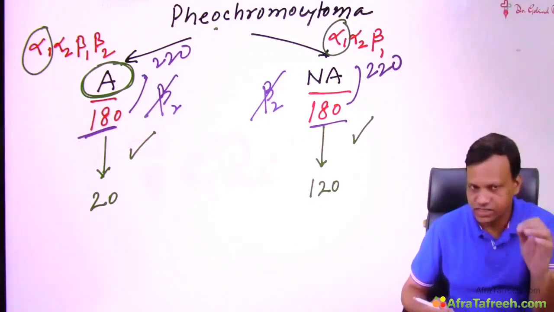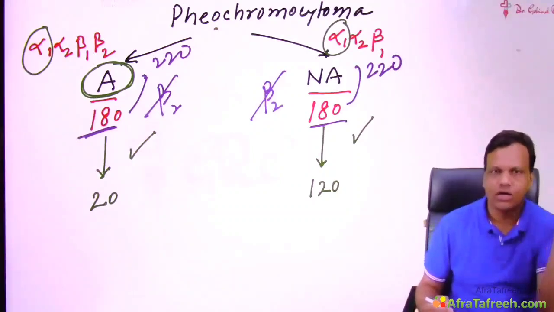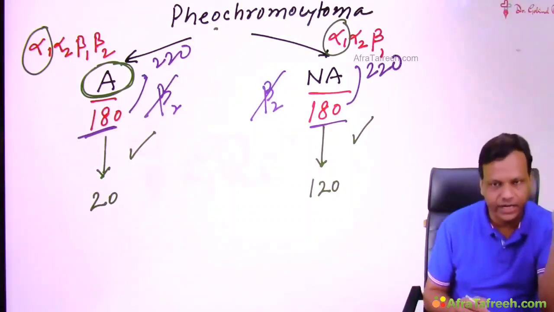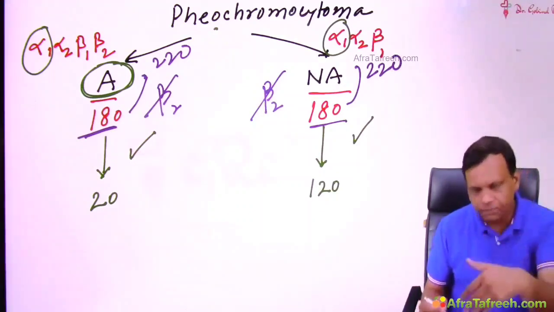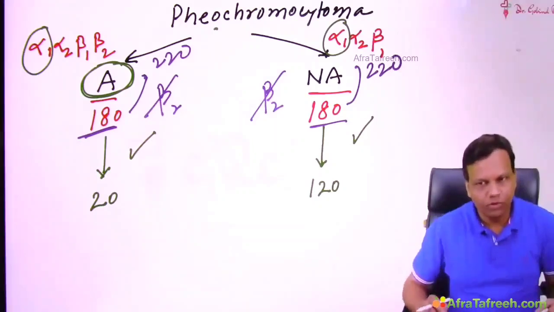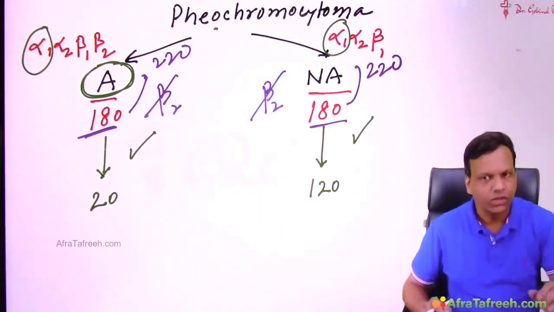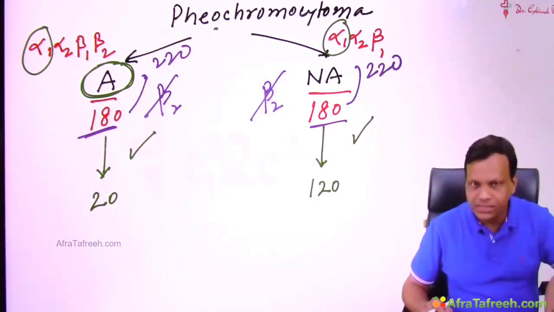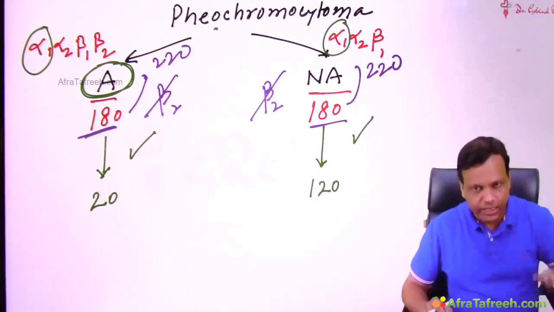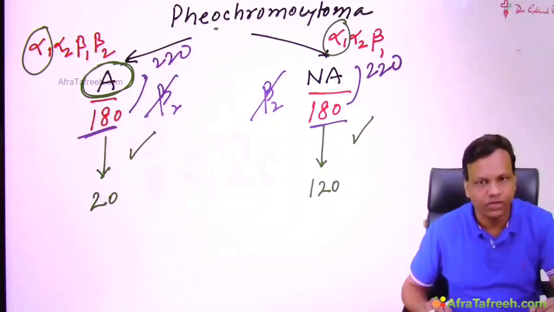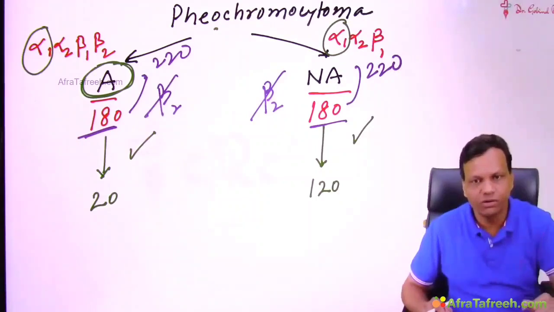So what we discussed so far is, an alpha blocker alone is contraindicated in adrenaline producing tumor. A beta blocker alone is contraindicated in both adrenaline producing as well as noradrenaline producing tumor. So the question is, how to manage the hypertension in adrenaline producing pheochromocytoma? We cannot give an alpha blocker, we cannot give a beta blocker.